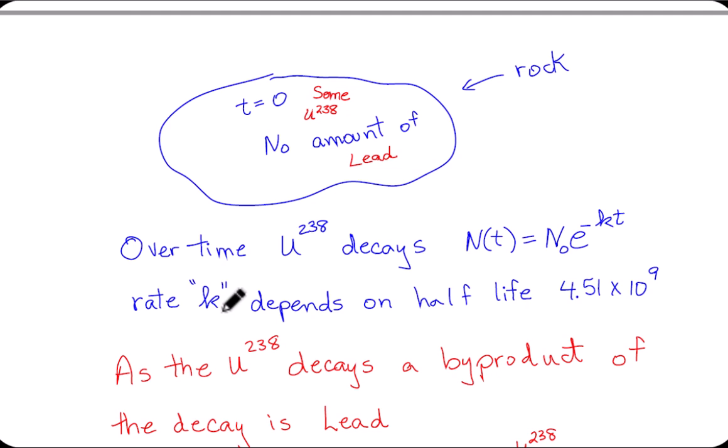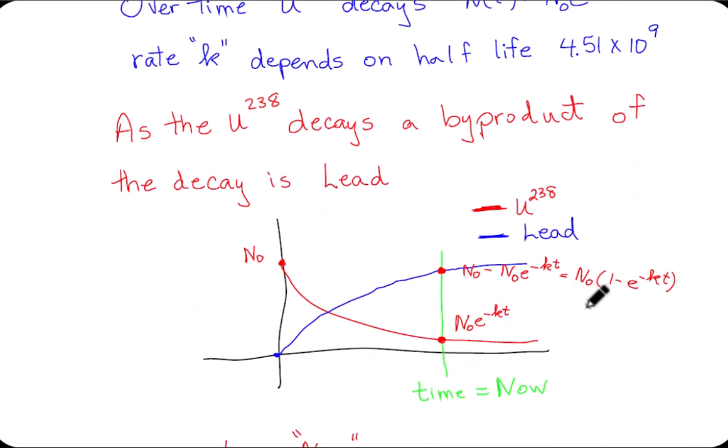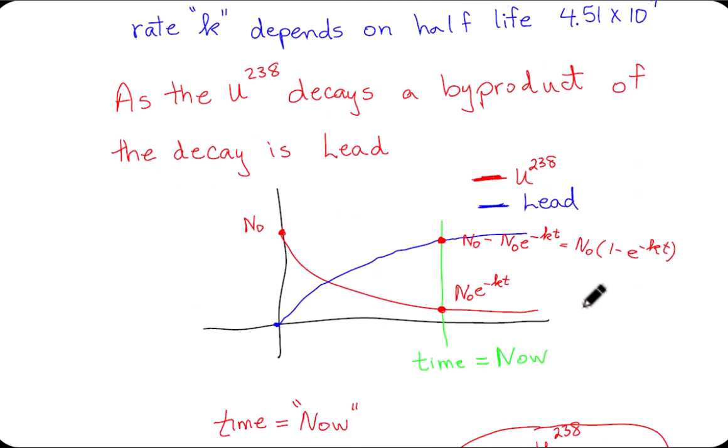We've got k, we know the half-life, and the byproduct is going to be lead. So if you look at the graph here, N0 is my uranium. The uranium is decaying. The amount of lead is in there, initially none. Over time, it begins to grow.